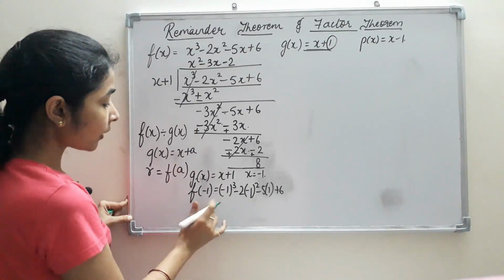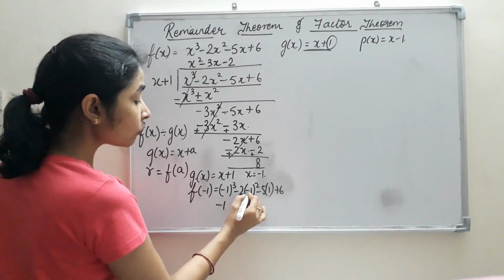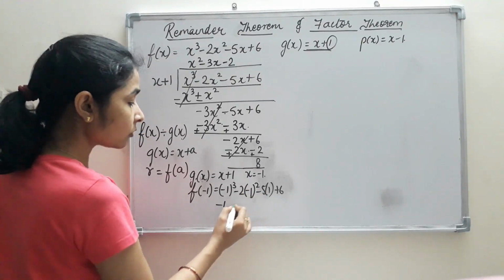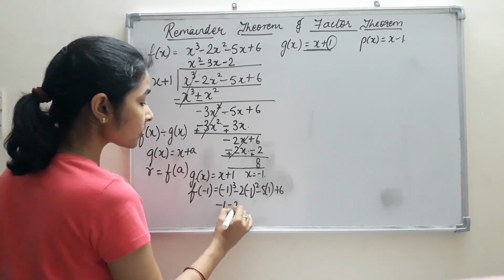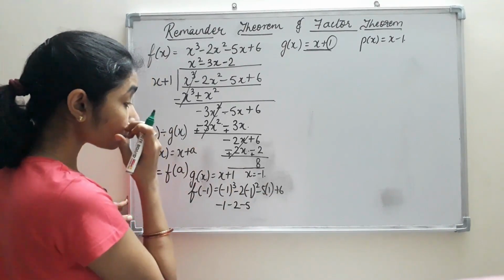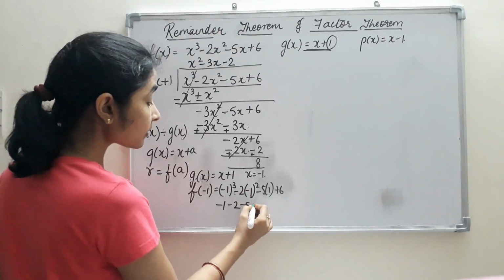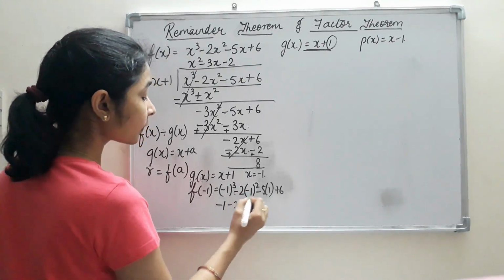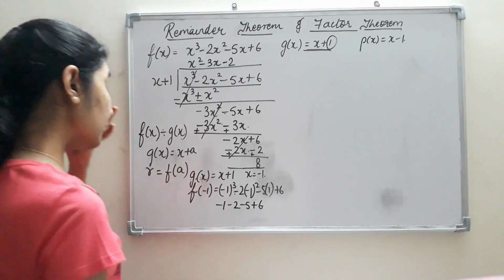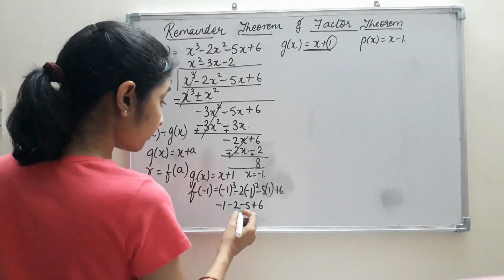So what do I get here? The cube of -1 is -1, minus 2 into +1, because -1 into -1 gives me +1, so -2. I think there is a glitch here.